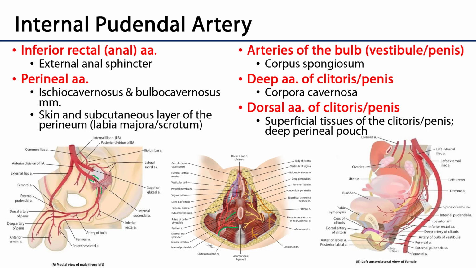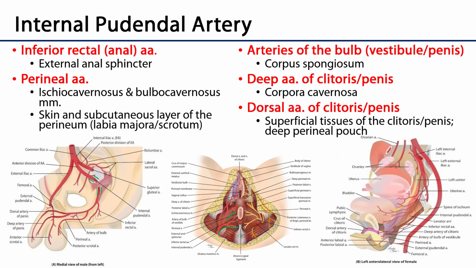There are also going to be perineal branches. These perineal arteries are going to serve the ischiocavernosus muscles, the bulbocavernosus muscle, as well as some of the skin about the perineum.